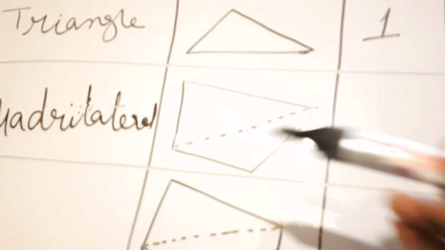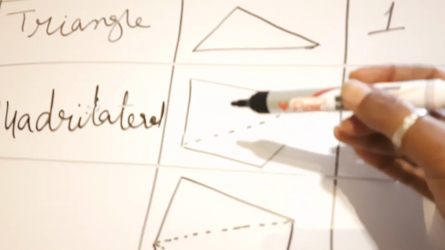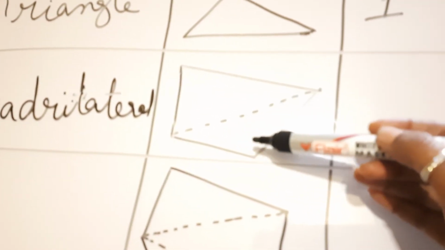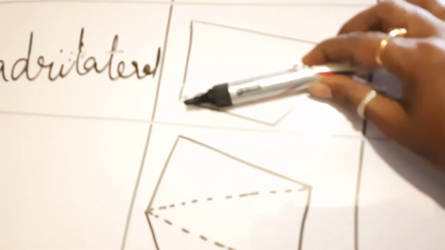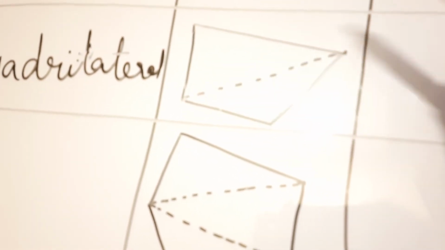So how many triangles, children? You can see this dotted line. Can you all see these two triangles? If I close this part, this is one triangle, this is the second triangle. So number of triangles is 2.